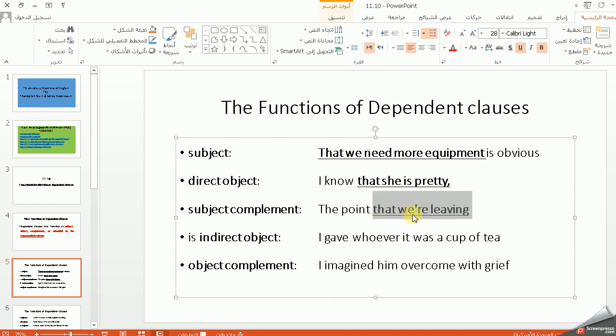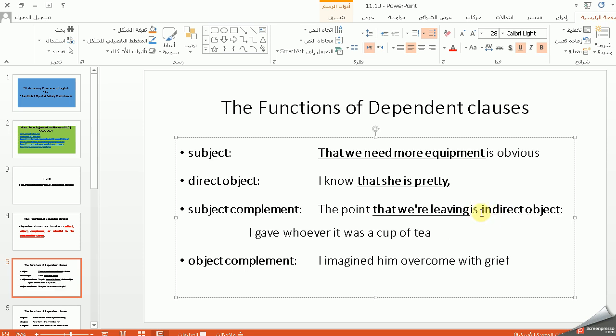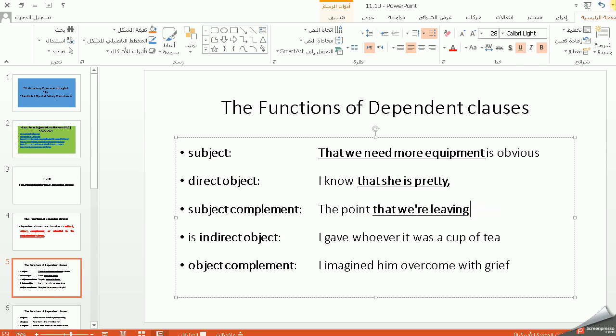The point that we are leaving is obvious. Again, we can move the verb is to the end, and the sentence will not be structurally or semantically different: the point that we are leaving is obvious, for example. So this is the subject complement of dependent clauses.